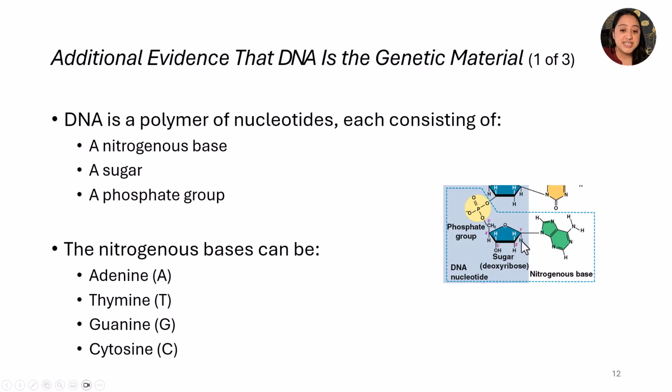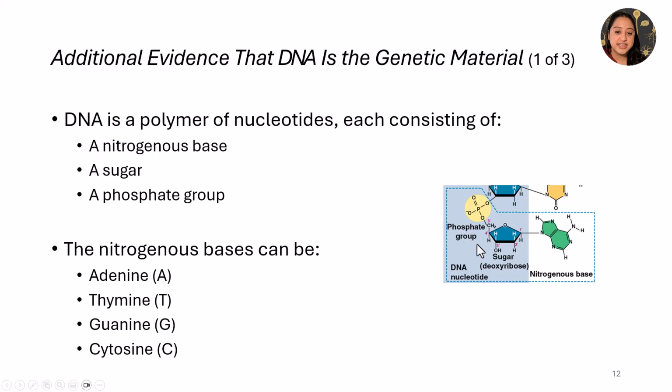In the case of DNA, the sugar is deoxyribose, and in the case of RNA, which is also a nucleic acid, it's ribose. Again, if you wanted a reminder of all that, you might want to go back to chapter 5. Then there is a phosphate group. You've heard all about phosphate groups by now, right? So a nucleotide is those three things: a nitrogenous base, a sugar, and a phosphate group.